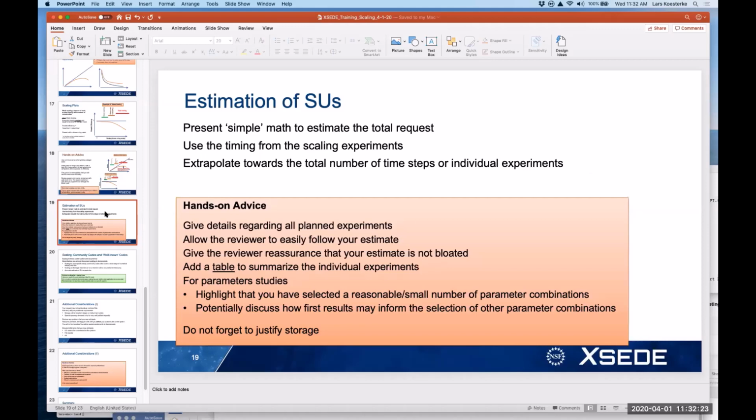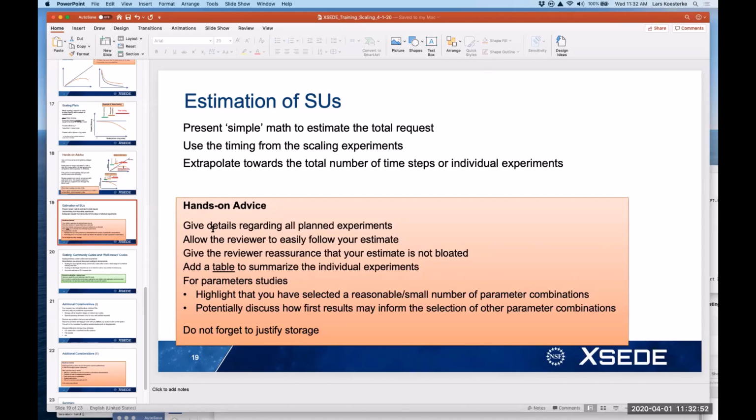So you use the timing from your scaling experiments, and then if needed, do some reasonable extrapolation towards the number of time steps or the resolution that you want to do. So you give details regarding all planned experiments. You allow the reviewers to easily follow your estimate and give the reviewers reassurance that your estimate is not bloated.